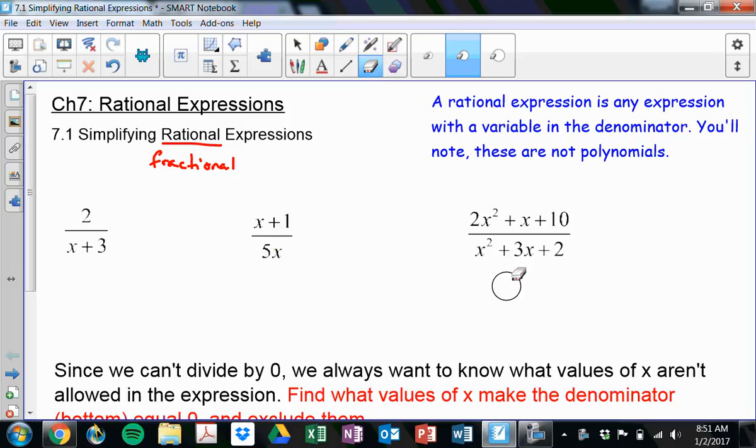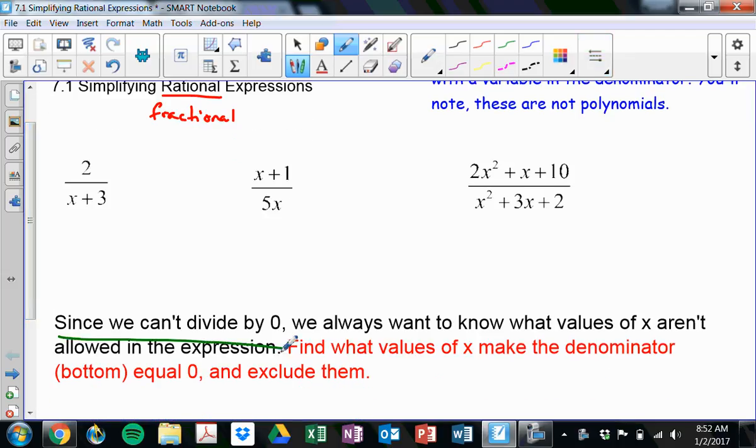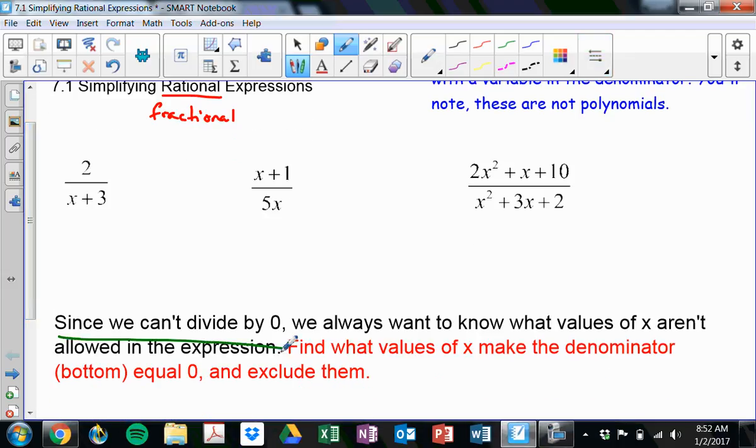But one thing you have to worry about with any expression, but a rational one in particular, is under what scenarios are you dividing by 0? We aren't allowed to divide by 0. It's not something that math lets us do. So you have to think here in each fraction, what value of x would make it so I was dividing by 0.